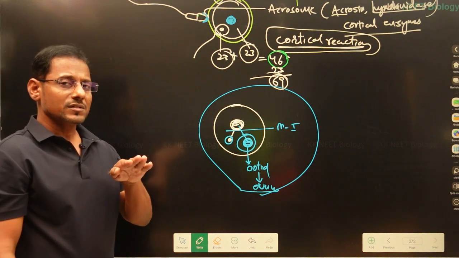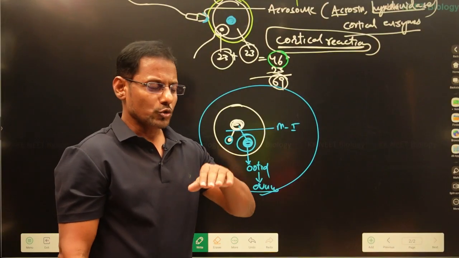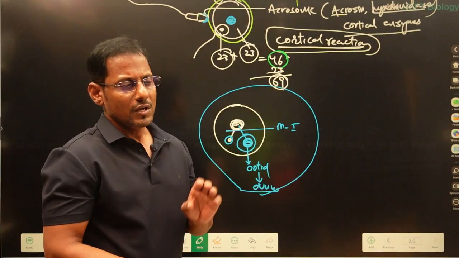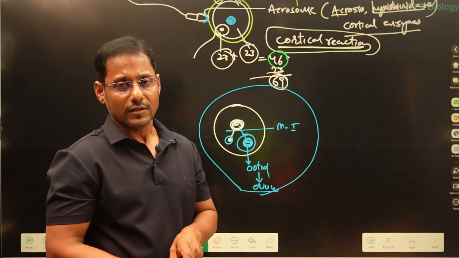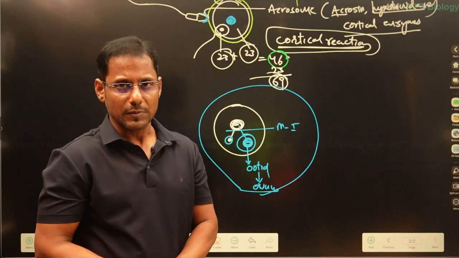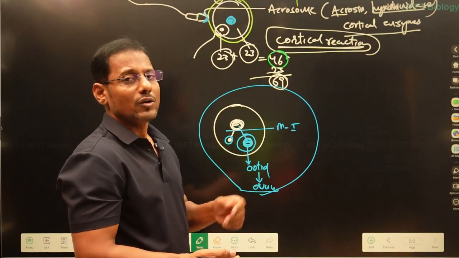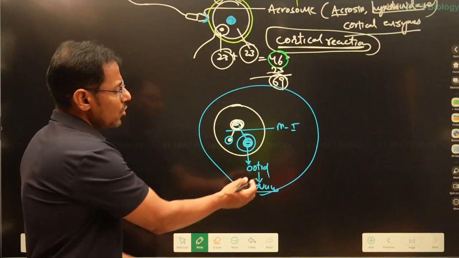Generally the ovum is released in the stage of secondary oocyte. When the sperm comes in contact with the secondary oocyte, only then does meiosis 2 take place. As a result, the secondary polar body is created and the ovum is generated. Before that, the ovum is known as the oocyte.